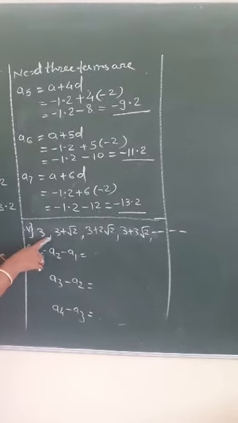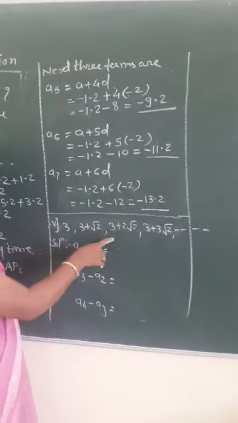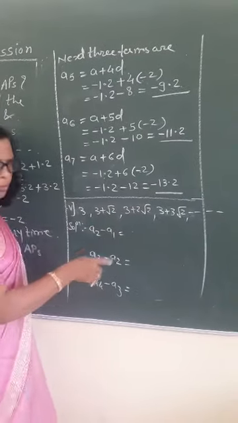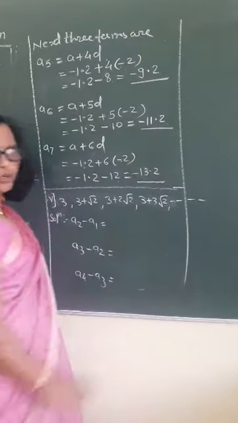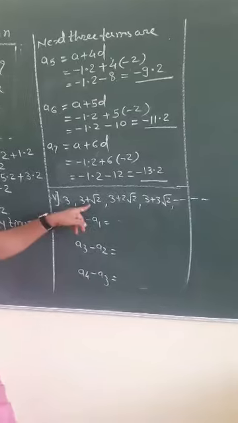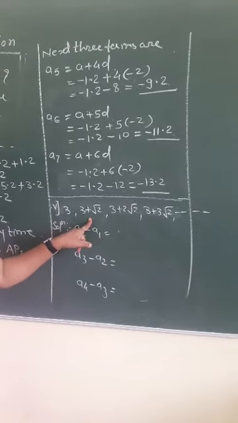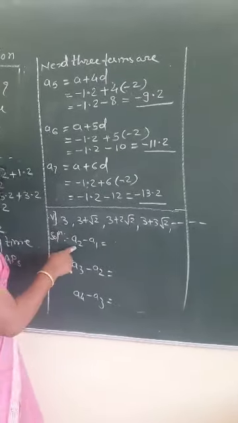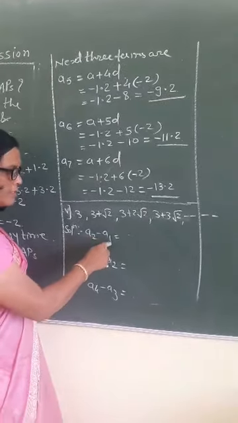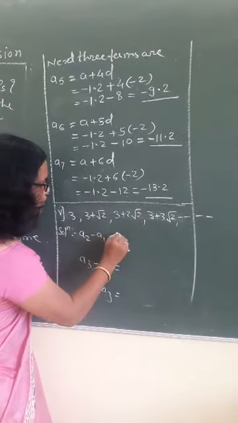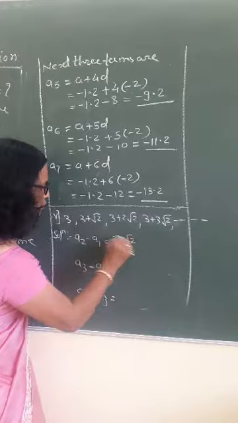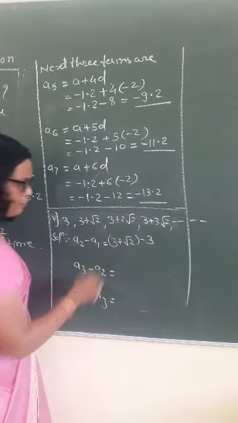Fifth problem. 3 comma 3 plus root 2 comma 3 plus 2 root 2 comma 3 plus 3 root 2 dot dot dot. We have to check whether this sequence is forming an AP or not. So what do we do? A2 minus A1. A2 is 3 plus root 2 minus 3.